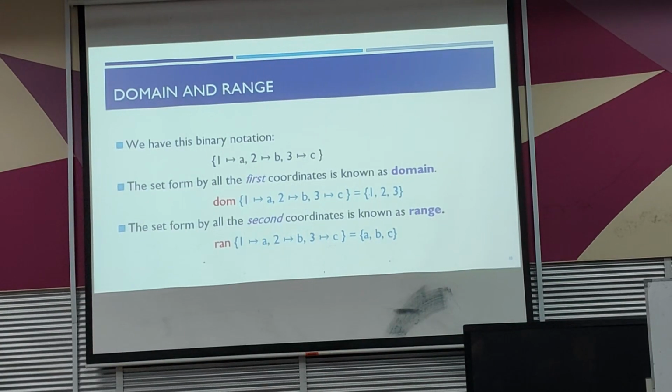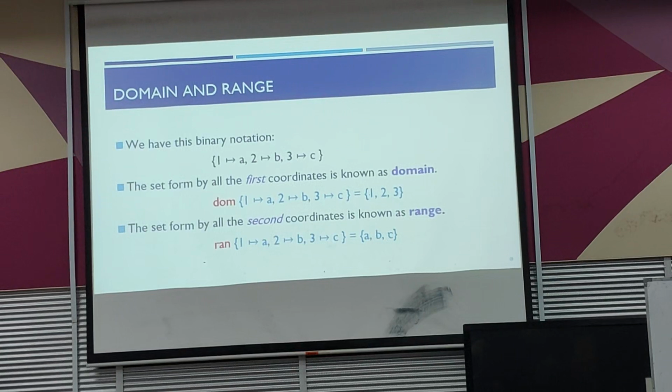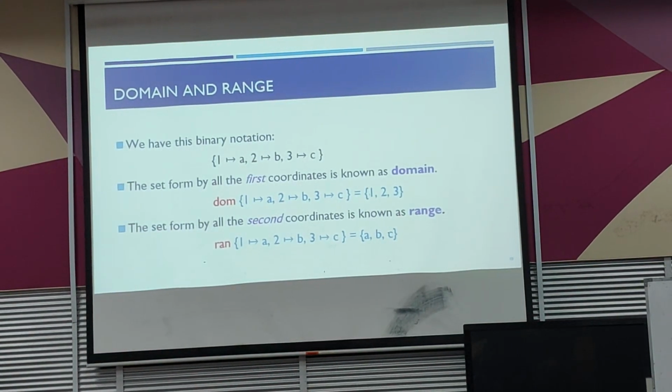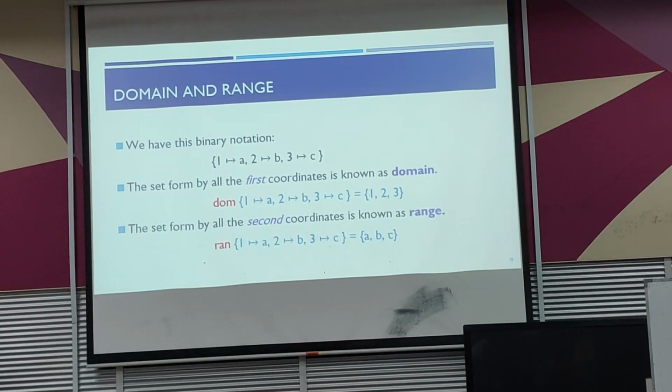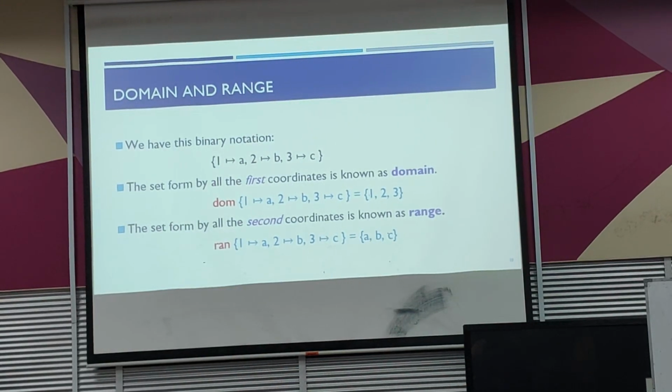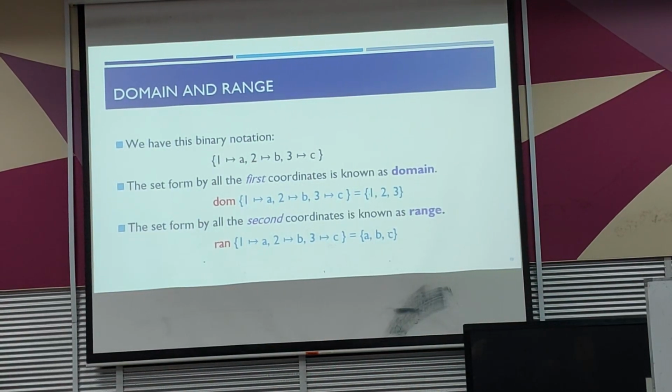When we want many records, we don't use first and second, we use domain and range. Domain represents all the first coordinates records, whereas range represents the second coordinates records.